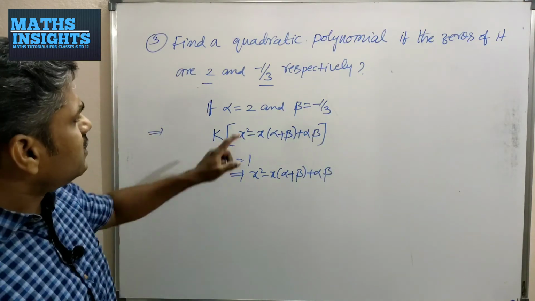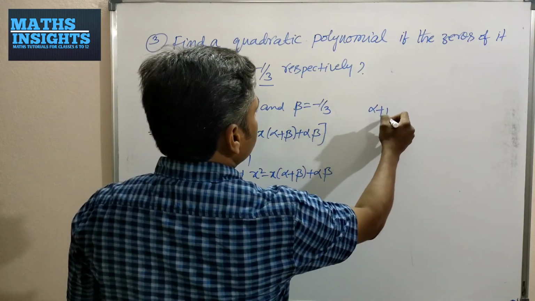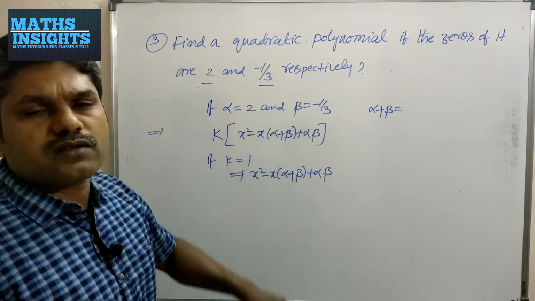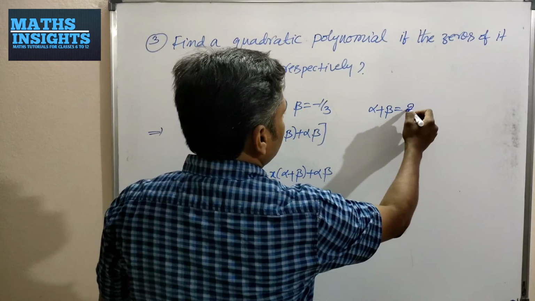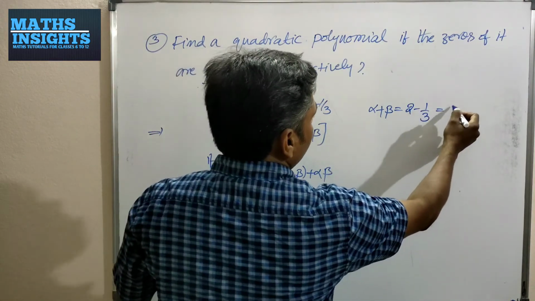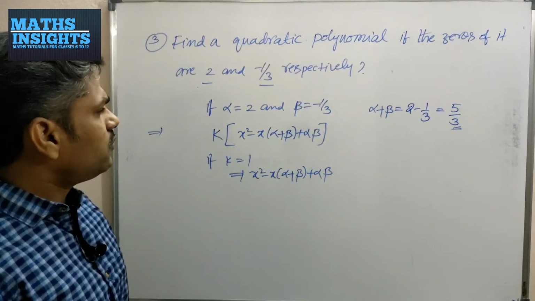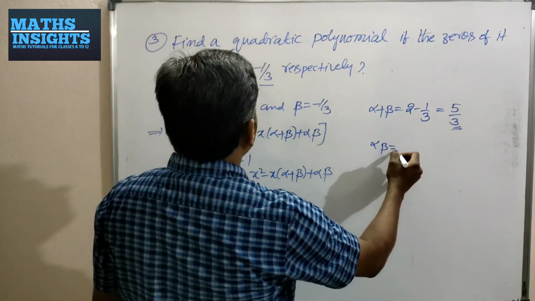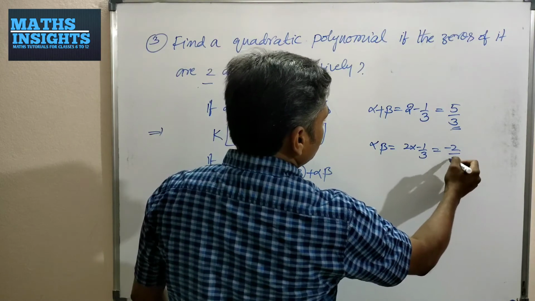First find the sum of these two zeros. Alpha plus beta is 2 plus minus 1 by 3, that is 2 minus 1 by 3, which is 5 by 3. 5 by 3 is the sum of the two zeros, and the product alpha into beta is 2 into minus 1 by 3, that is minus 2 by 3.